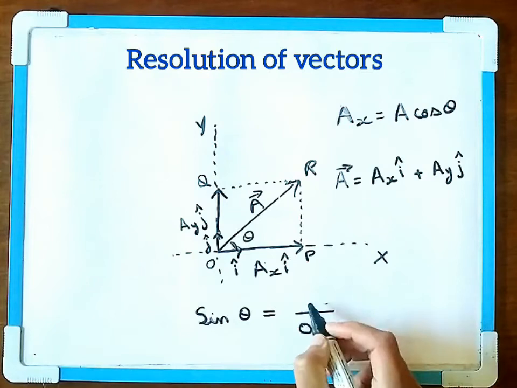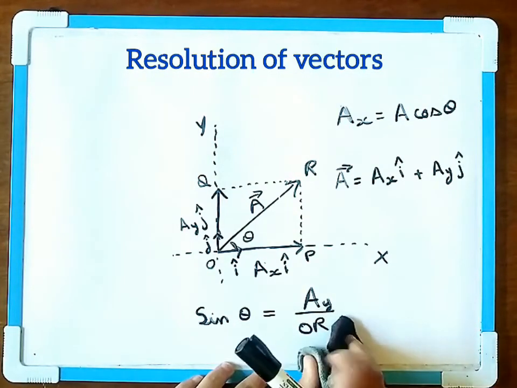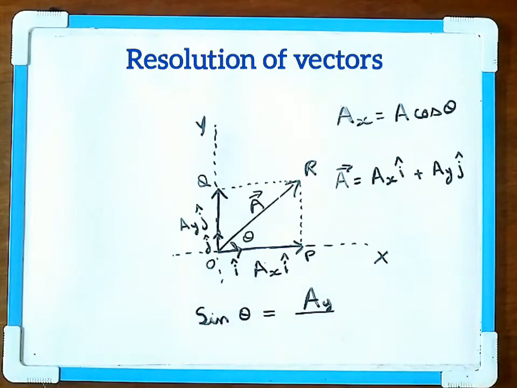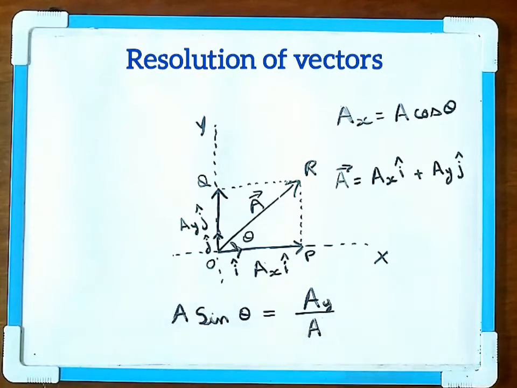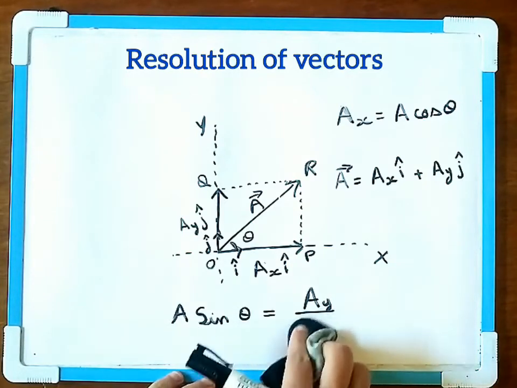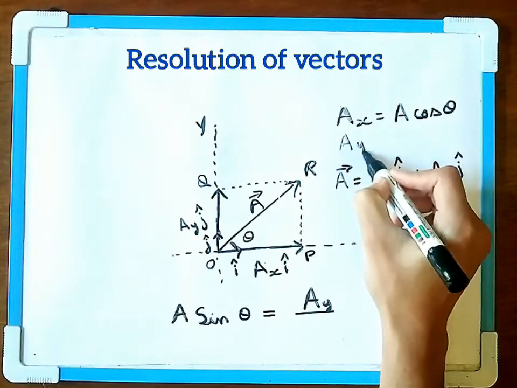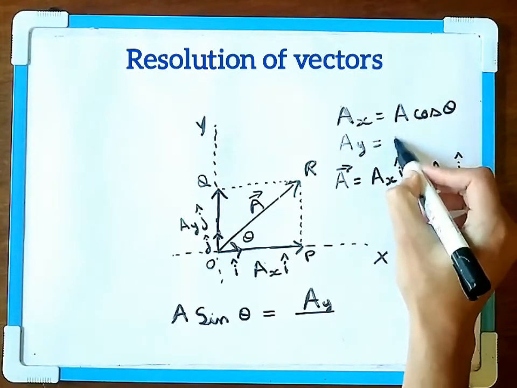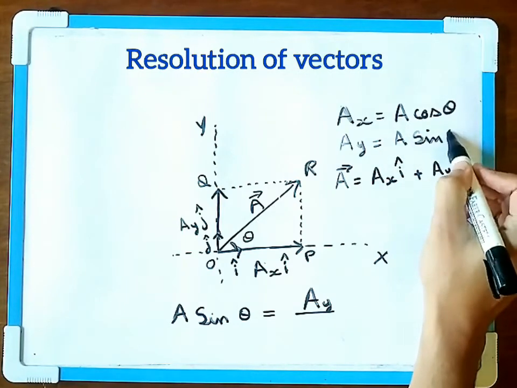And OR is the magnitude of a vector, which is a. And again by cross multiplication we'll have ay equal to a sine theta.